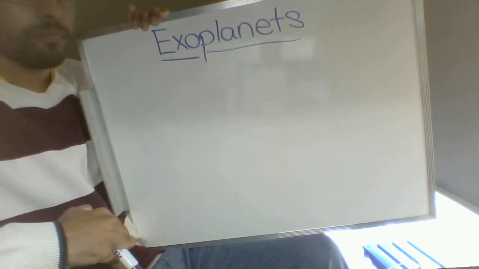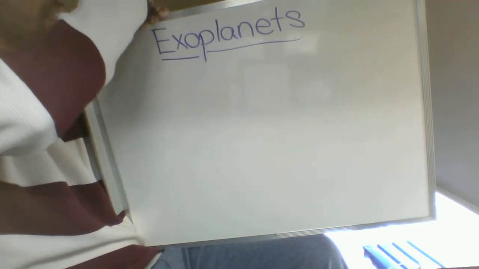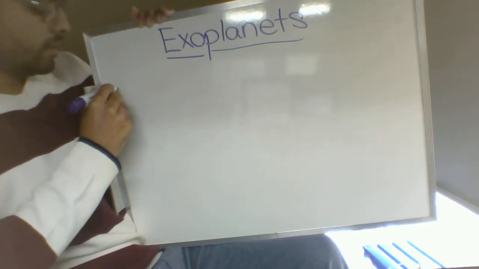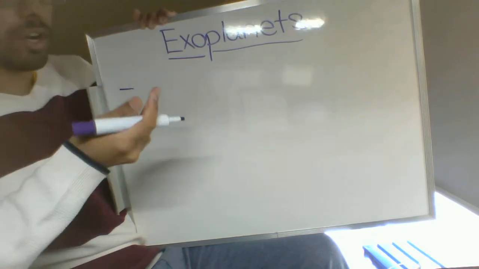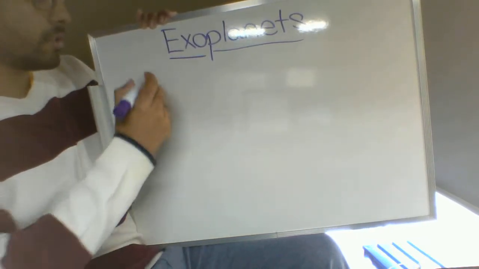All right, so basically, an exoplanet is a planet that's orbiting another star. All right, so it's a planet in another solar system.